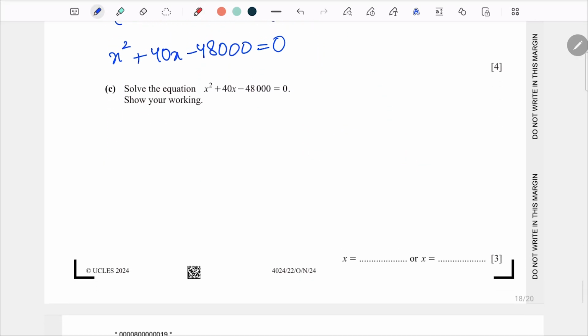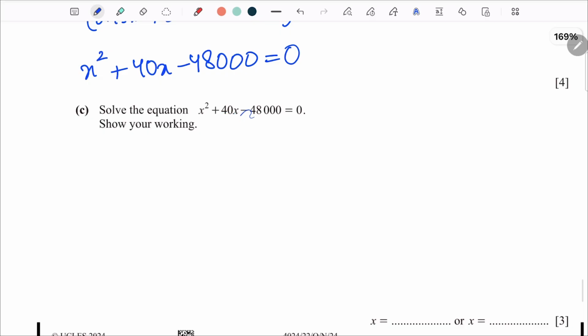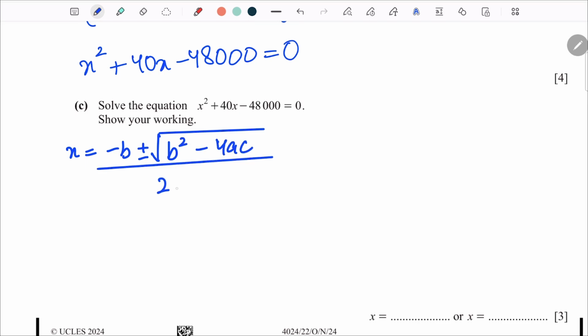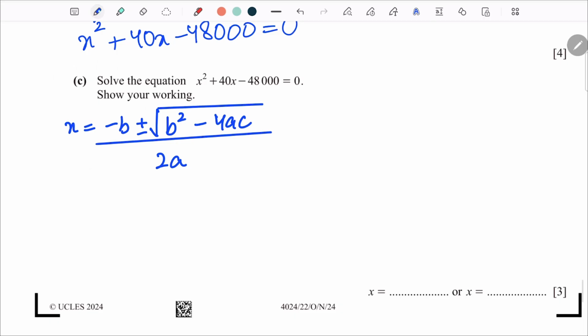Now in part C, solve the equation x squared plus 40x minus 48,000 is equal to 0. Show your working. Here I'm going to use the quadratic formula, that is x is equal to minus b plus minus square root of b square minus 4ac, divided by 2a. According to the equation, a is the coefficient of x squared, that is 1, b is the coefficient of x, that is 40, and c is the constant, that is negative 48,000.